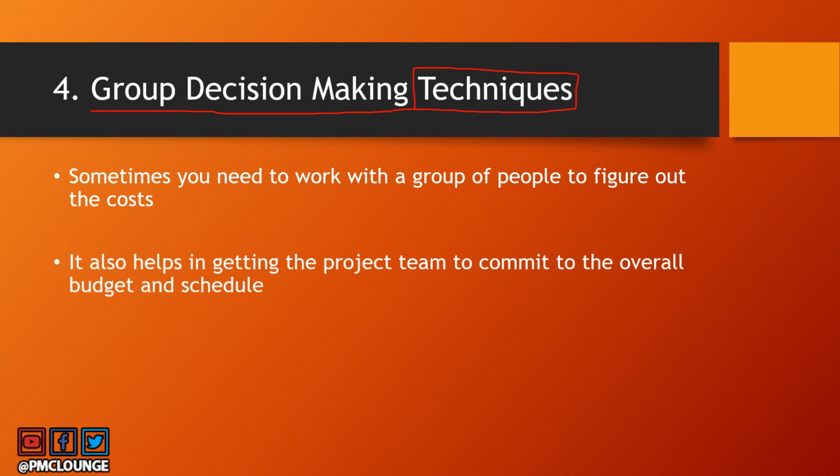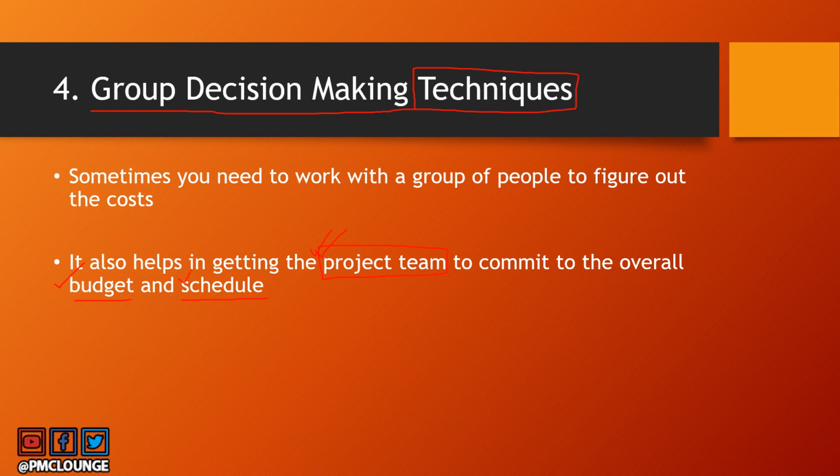The other good thing about the group decision making technique is that the project team gets a sense of ownership. They tend to feel that they are responsible for a certain budget of the project or a certain schedule of the project, because it was them who were involved while creating the budget and creating the schedule of the project.